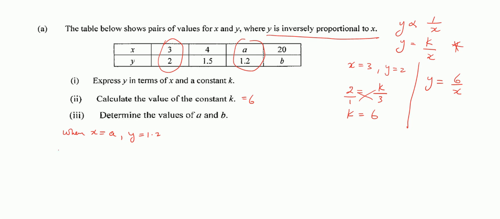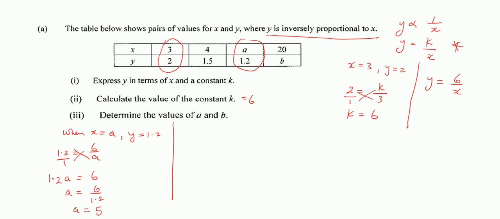We have 1.2 is equal to 6 over a, which is the same as saying 1.2 over 1. We cross multiply and end up with 1.2a is equal to 6. Therefore, a is equal to 6 divided by 1.2. We get 5. So a is equal to 5.